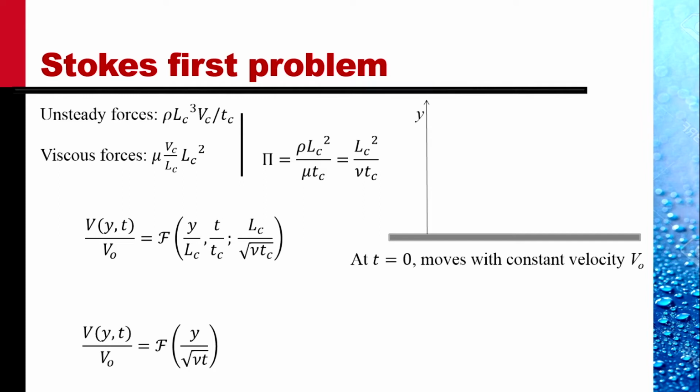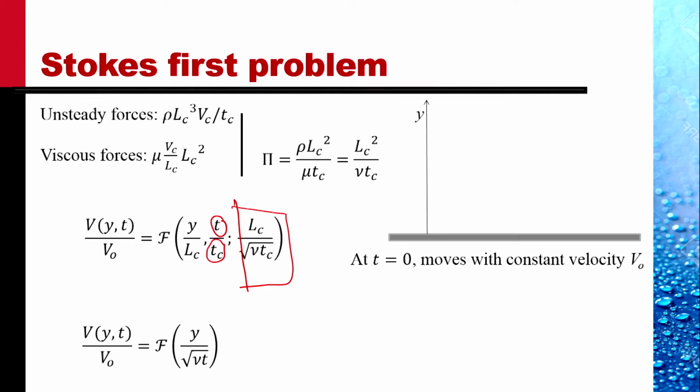If we take Tc equal to the current time t, then this parameter should not be too small and should not be too big, because neither the viscous forces can be dropped from the equation nor the unsteady forces.